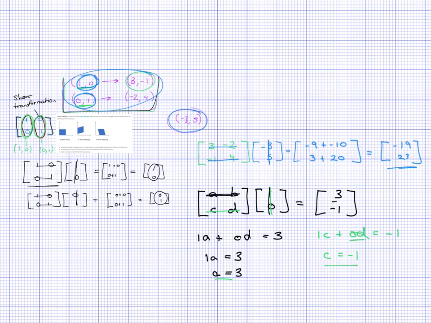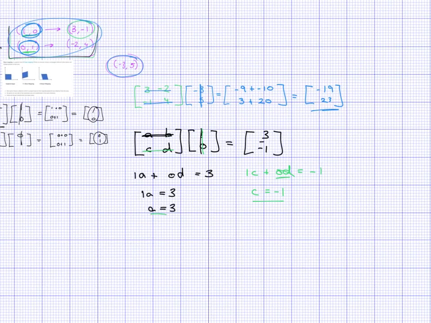And to do those two, you're going to have to set up the other point and multiply it by the same empty matrix. All right, and the point this time is 0, 1. And we know what it equals. It's moved to minus 2, 4. So again, we're going to have 0a plus 1b equals minus 2. So therefore, b equals minus 2.